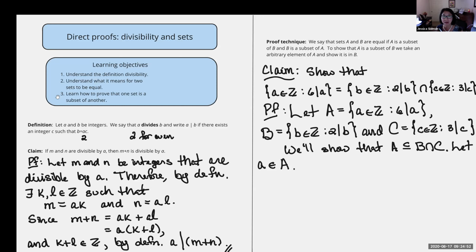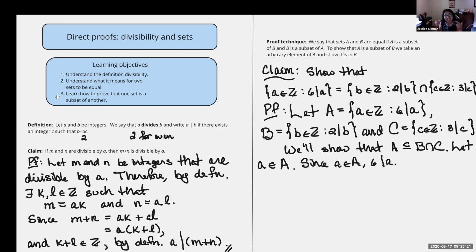The next part of the direct proof poem says, write down what you know. So what I know is that little a is contained in A, and I know the definition of that. So I can say, since little a is in A, we know that 6 divides a, okay?